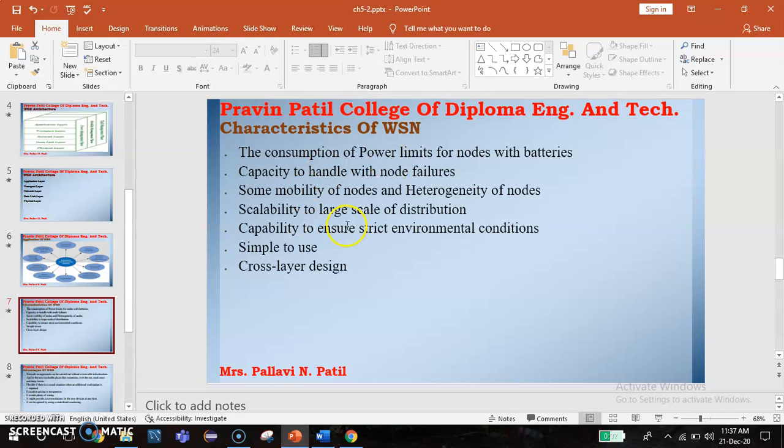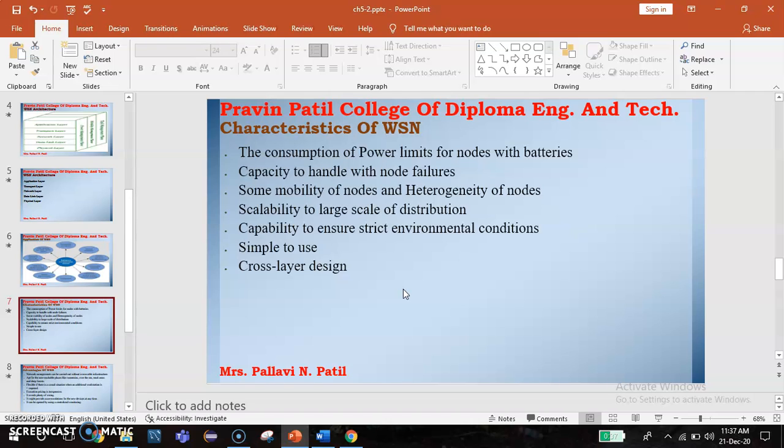These are the characteristics: power consumption limits for nodes with batteries, the capacity to handle node failure, some mobility of nodes and heterogeneity of nodes, scalability to large-scale deployment, capability to ensure strict environmental conditions, simplicity of use, and cross-layer design. These are the different characteristics of the WSN.